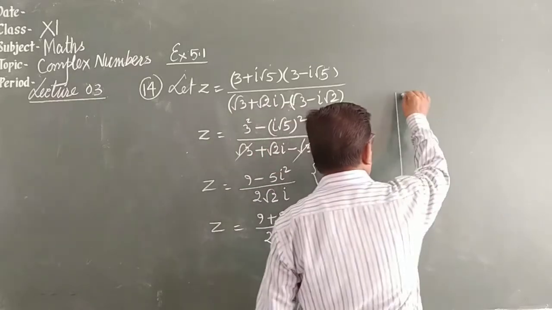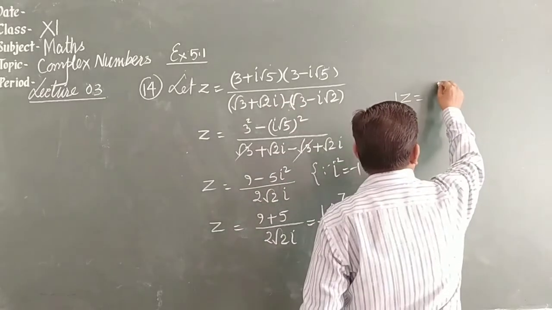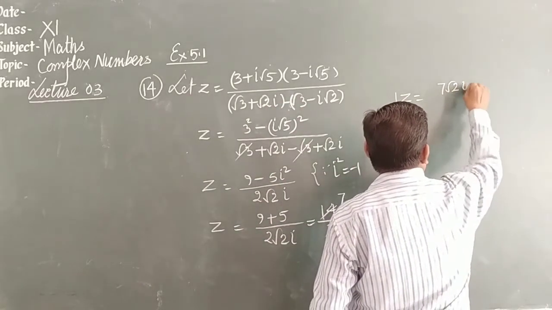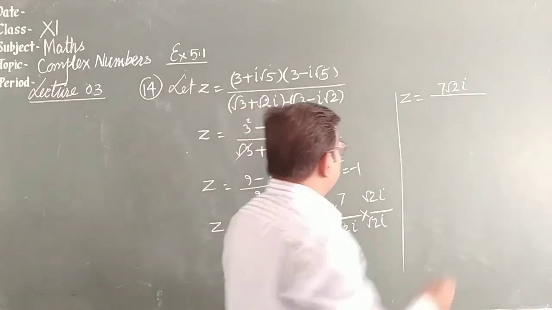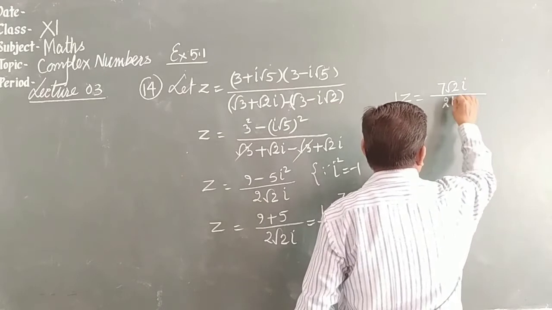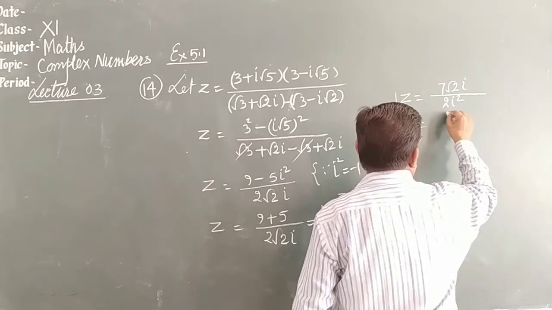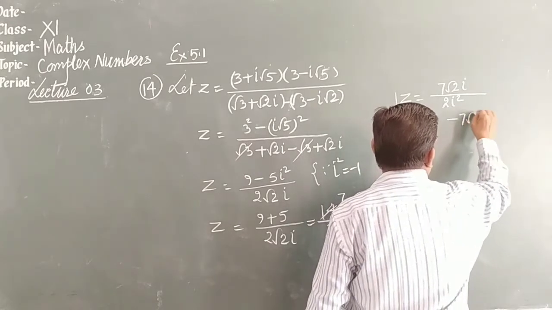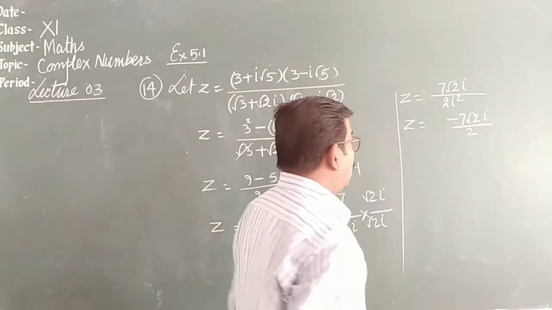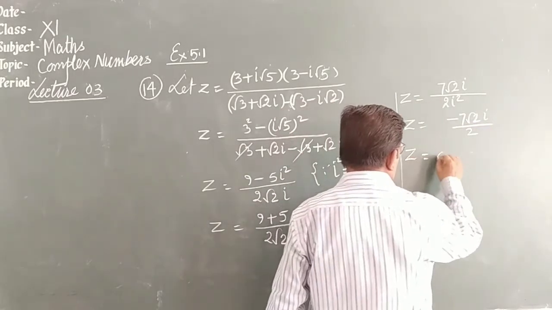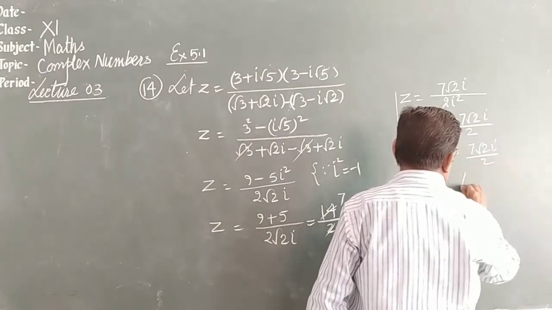So z is equal to 7 root 2i upon, here root 2 into root 2 is 2, and i square is minus 1. So z is equal to minus 7 root 2i upon 2, or we can write z is equal to 0 minus 7 root 2i upon 2 is the answer.